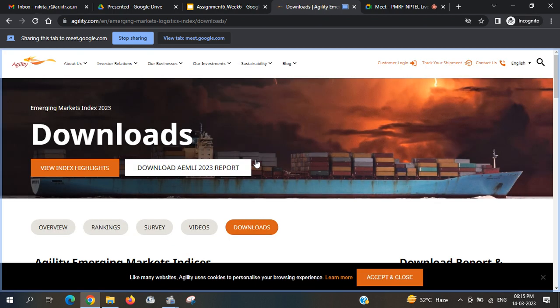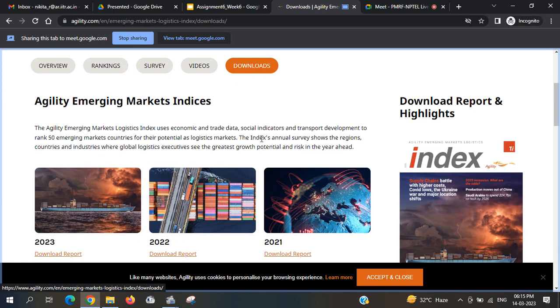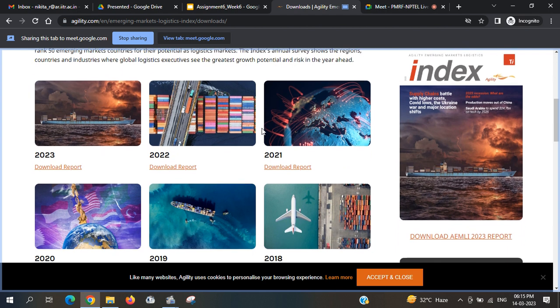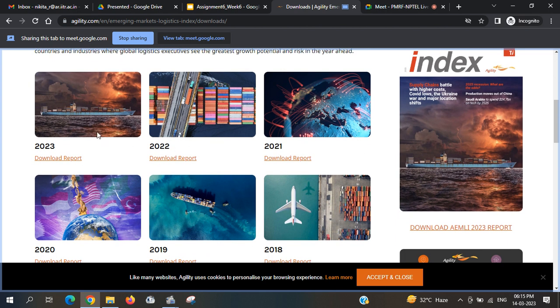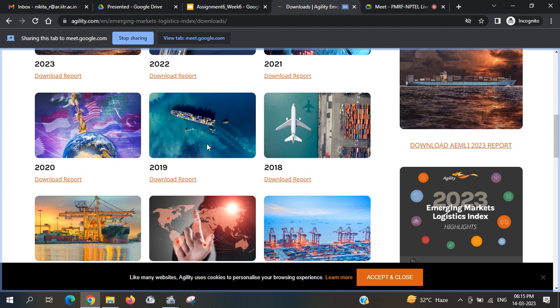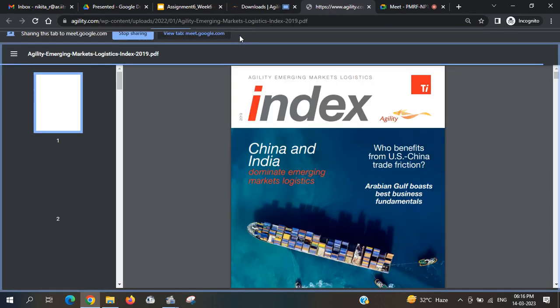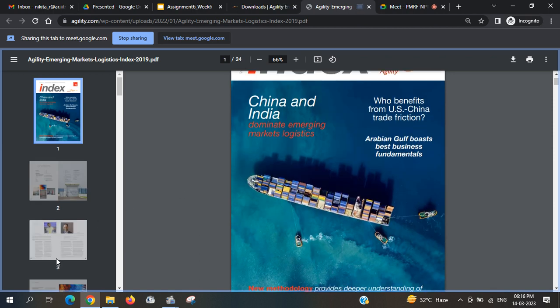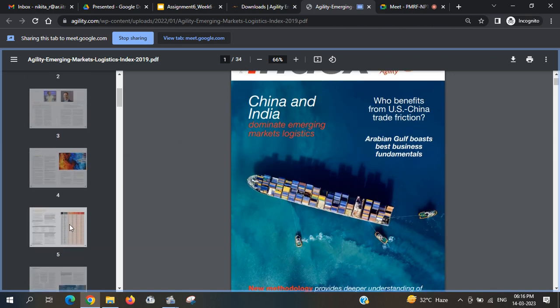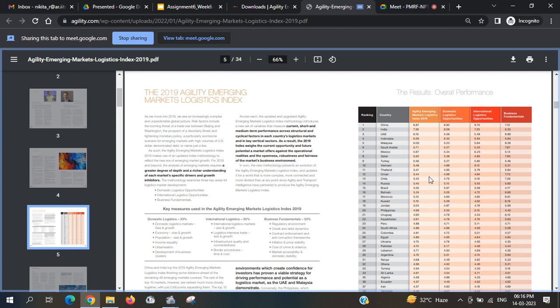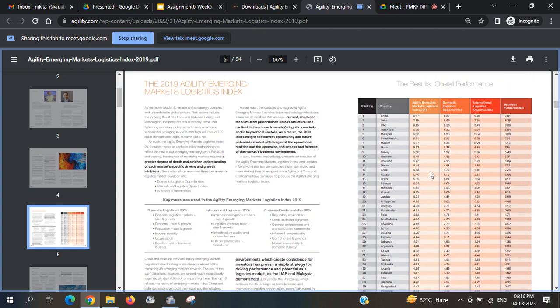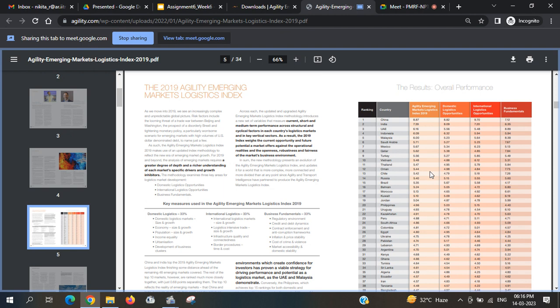Also, you can go on to downloads here, and you can see the reports from different years are available. So this is the 2023 report. You can even see the 2022 report, 2021 report, and this is the 2019 report which we have taken for our study. In this report, for example, this is the overall performance or overall result which has been provided by them.